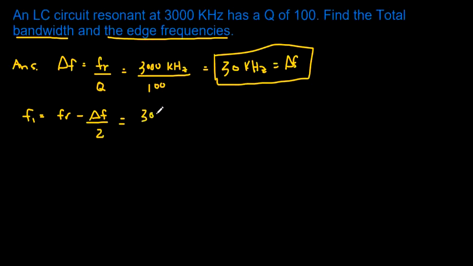So 3,000 times 10 raised to 3 hertz minus yung ating bandwidth na 30, so 30 times 10 raised to 3 hertz, over 2.